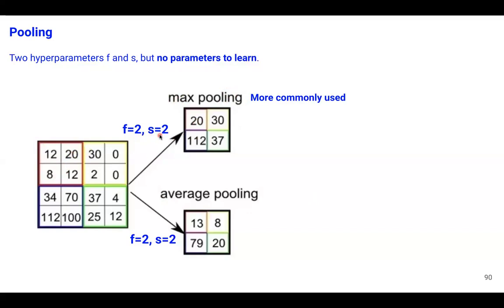Similarly, since stride is 2, this box, meaning the filter, gets shifted here. And then here 30 is the maximum intensity. The 30 goes here. And this goes on for all the 4 blocks. Here it's a small image, so it has only 4 blocks, and the output is a 2x2 matrix. Average pooling, as the name suggests, is the average of these numbers.